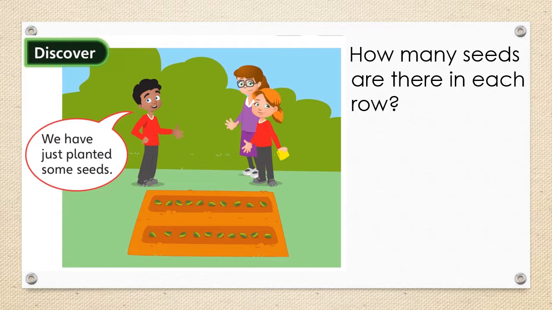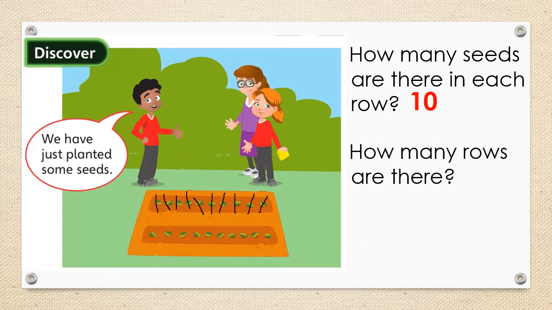This time you count along with me. 1, 2, 3, 4, 5, 6, 7, 8, 9, 10. So there are 10 seeds in each row. I hope you got the answer right.